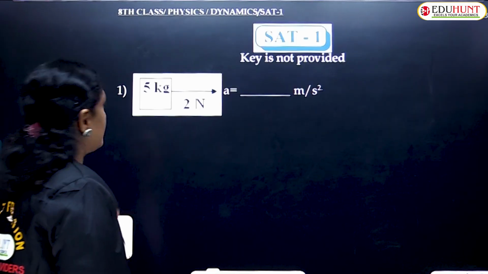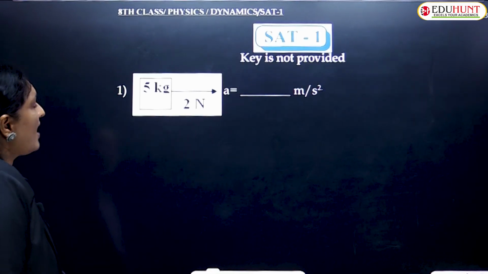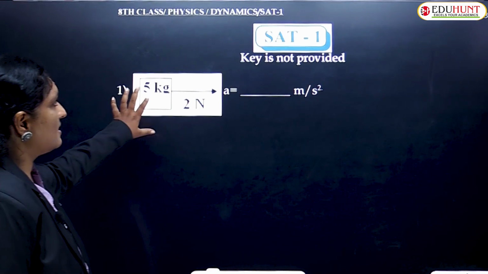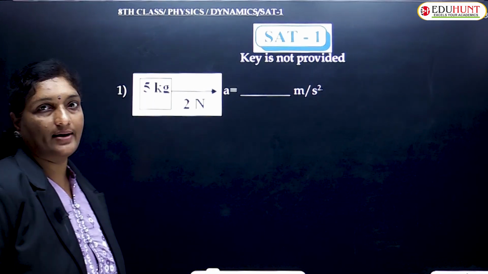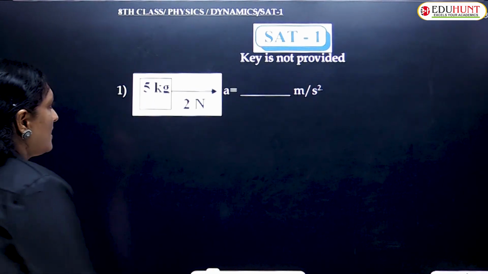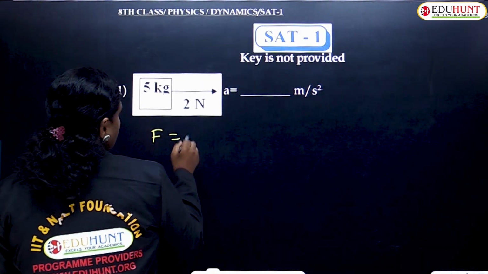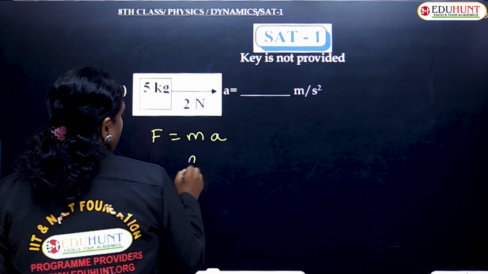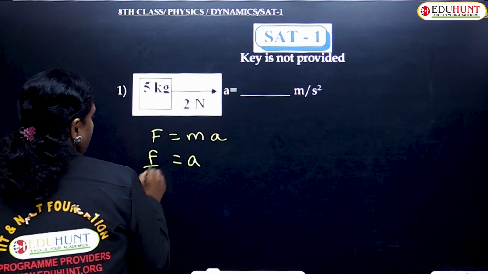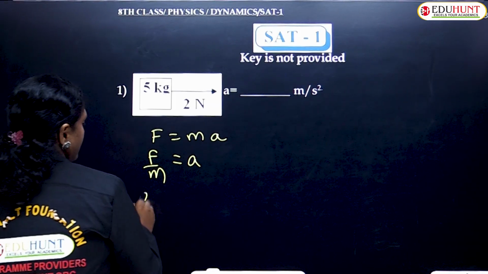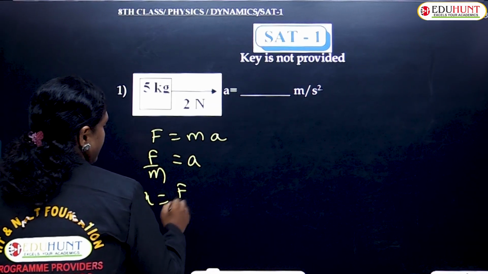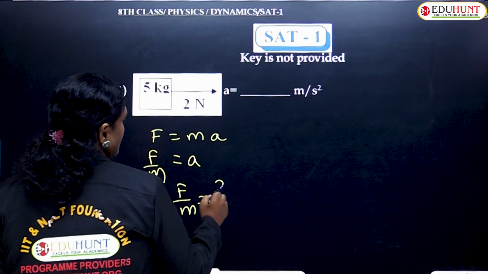Here goes your first question. Mass is given as 5 kg and the force was given as 2 newtons. You are asked to find out the acceleration. Children, we know the formula F is equal to ma, or A is equal to F by m. What is force given? 2 newton.